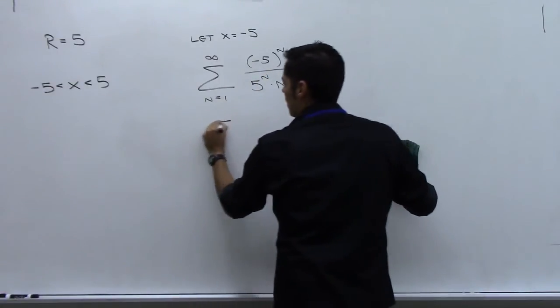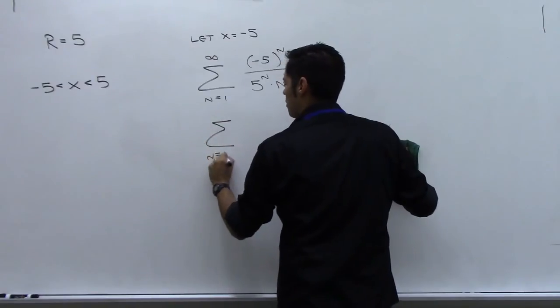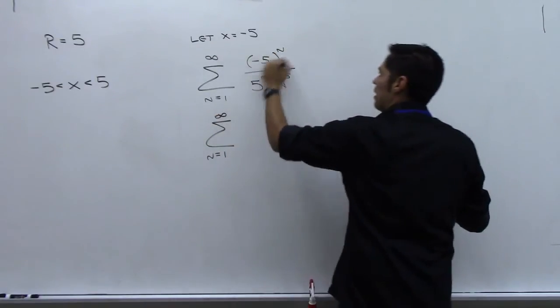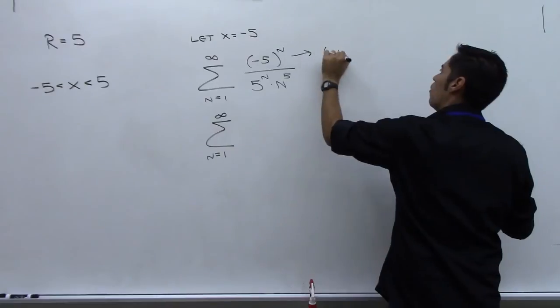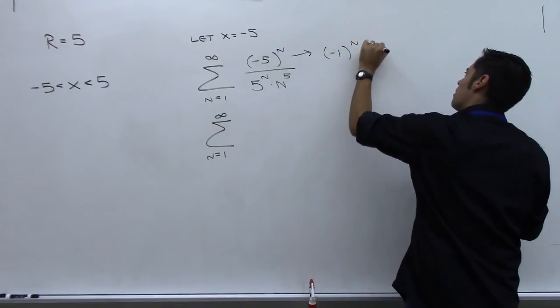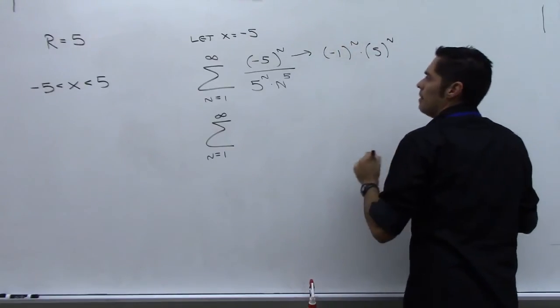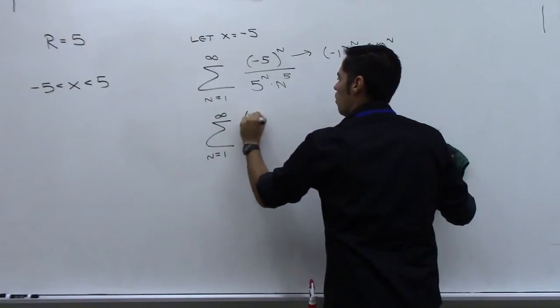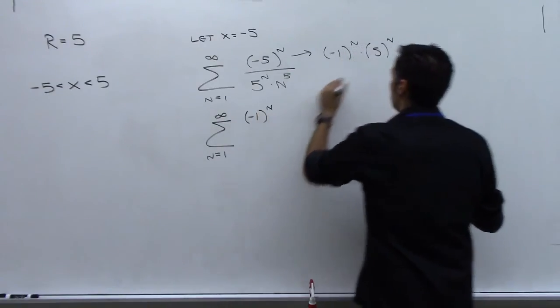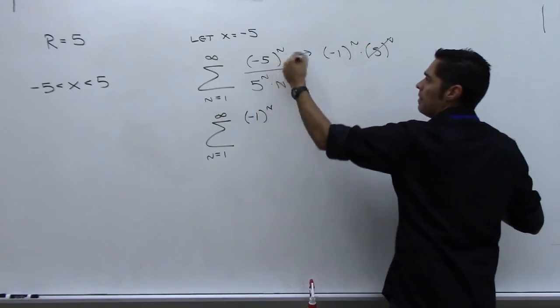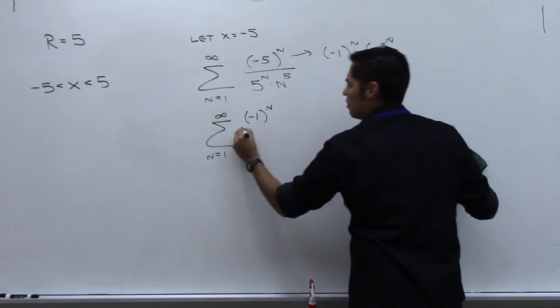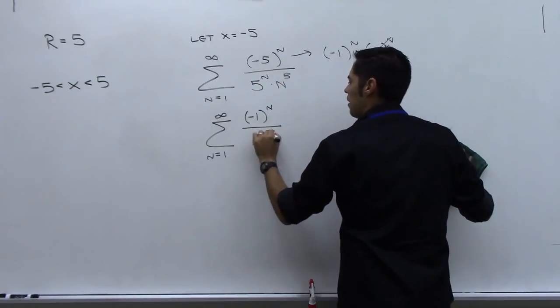If I rewrite this sum, n equals 1 to infinity, and split this up to be negative 1 to the n times 5 to the n, then the 5 to the n from that will cancel with this one, so it's negative 1 to the n over n to the 5th.